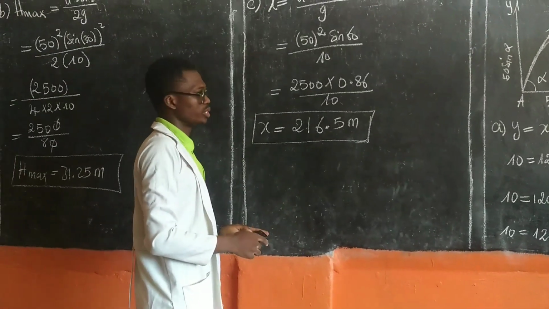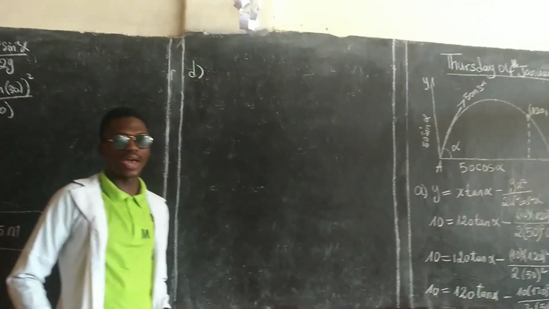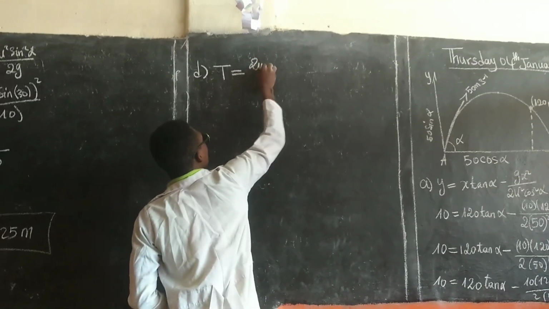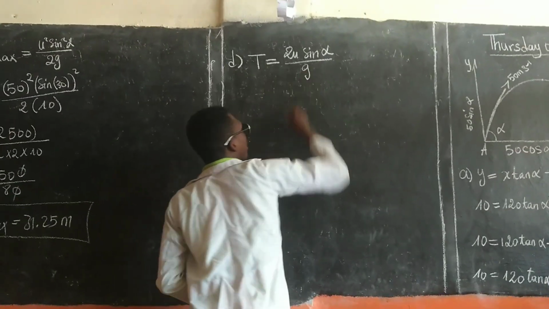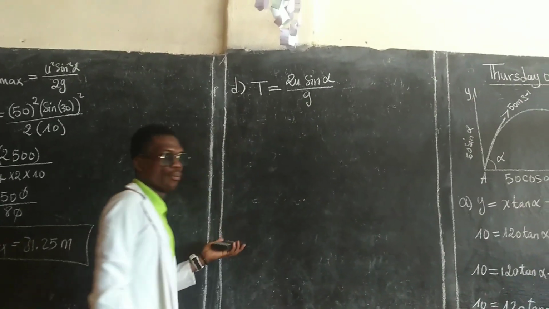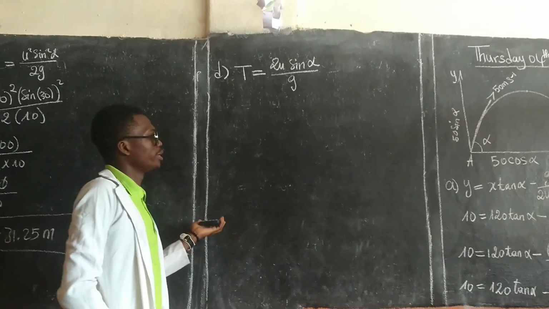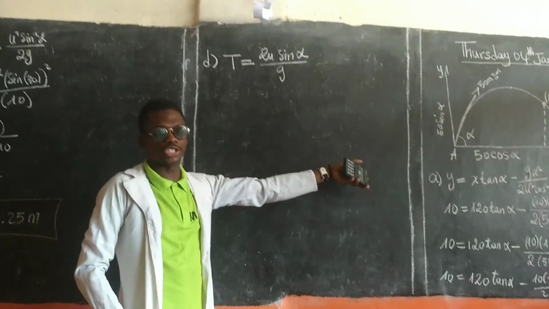Now we go to D. Finding the time of flight. The time of flight, T, is 2u sine of the angle alpha on g. And this is the time from the point of projection till the maximum range.